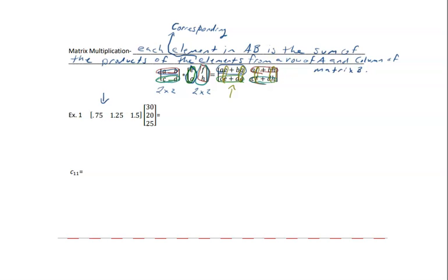All right, so let's take a look at our matrices. We have 0.75, the first element in our row, times the first element of the column, 30.